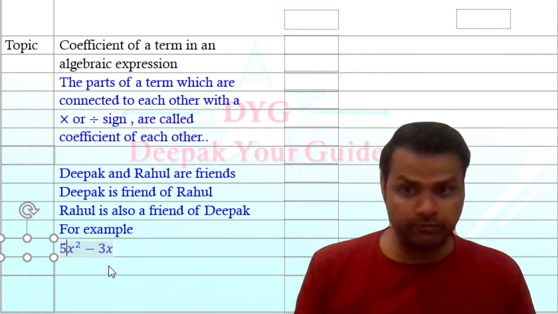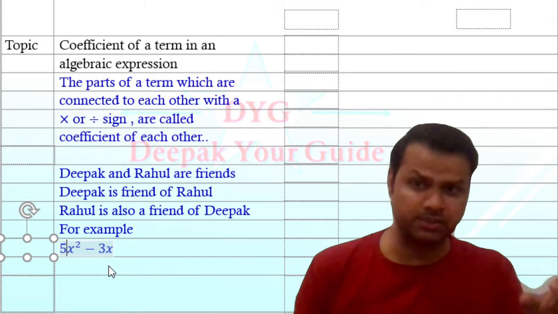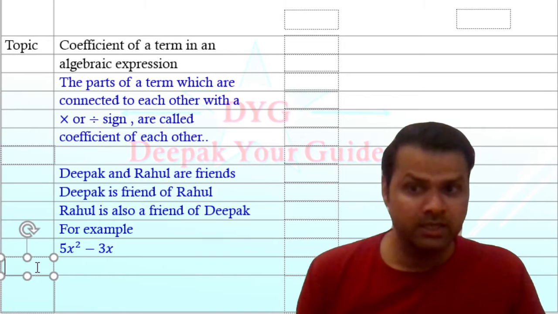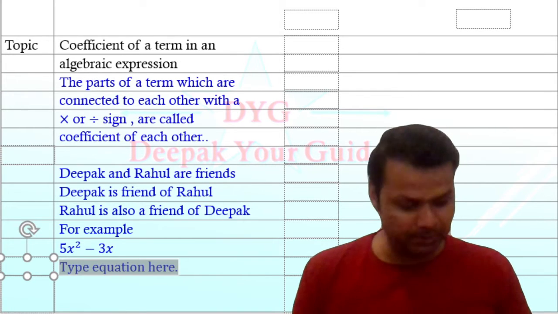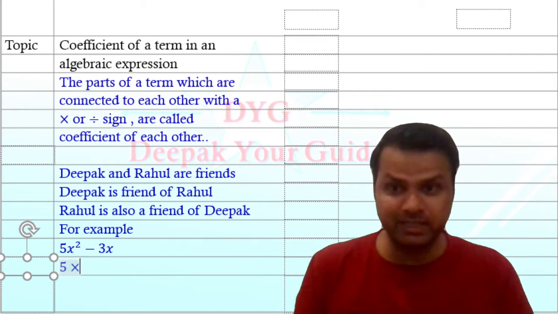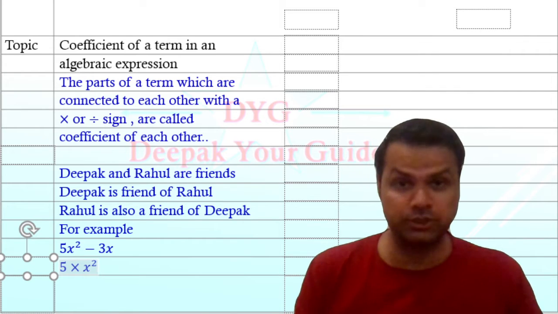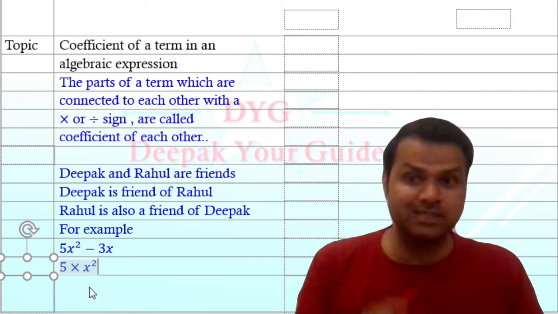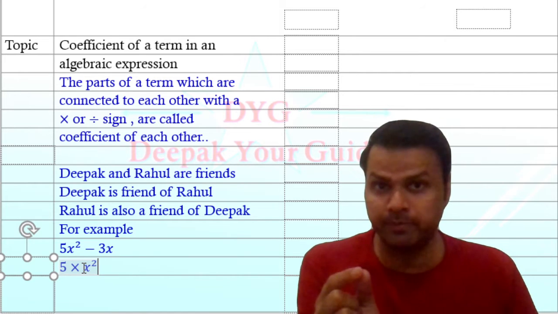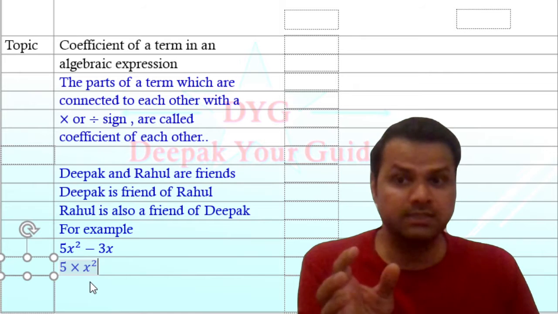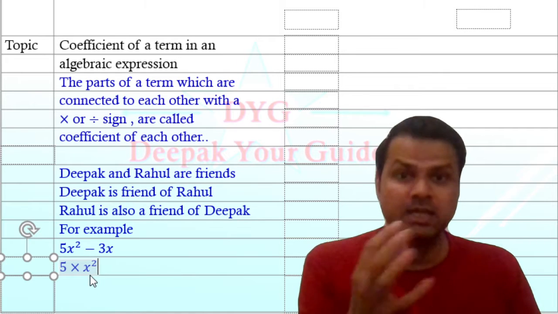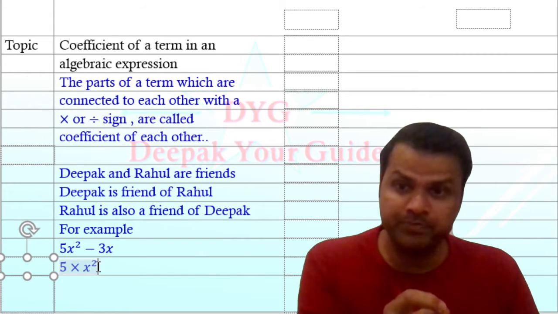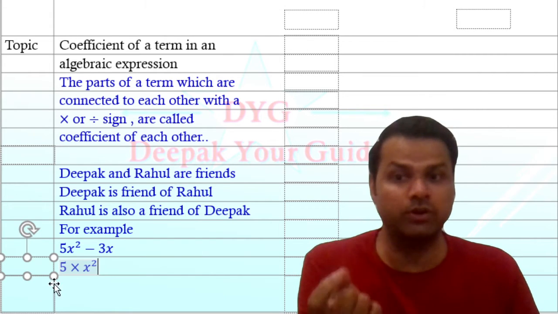We don't see any sign between 5 and x squared. This means 5 times x squared, so between 5 and x squared there's a sign of multiplication. Now I know that 5 is a coefficient of x squared and x squared is a coefficient of 5.